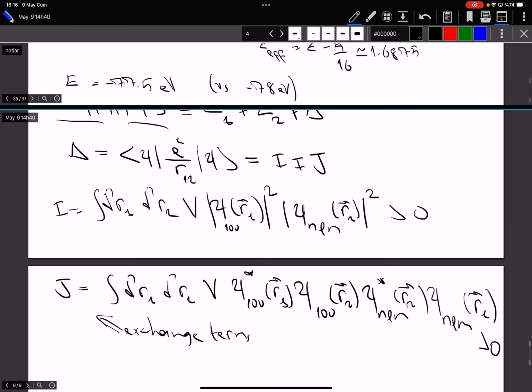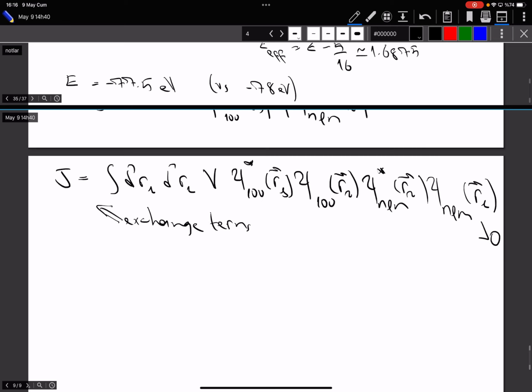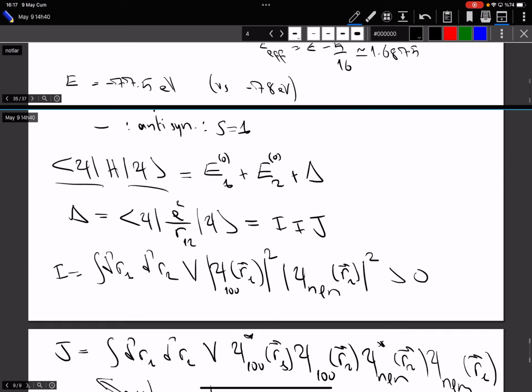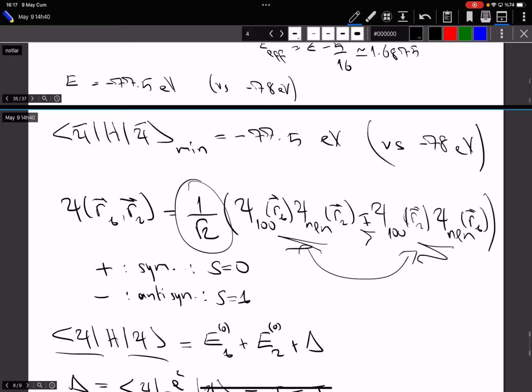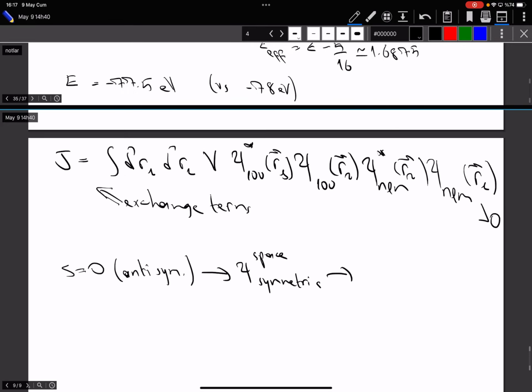So what does this sign tell us? Okay, so on one hand we have S equal to 0. This is antisymmetric, which tells me that for the space wave function, I have to take the symmetric space wave function, which tells me that I have to pick up the plus sign here.